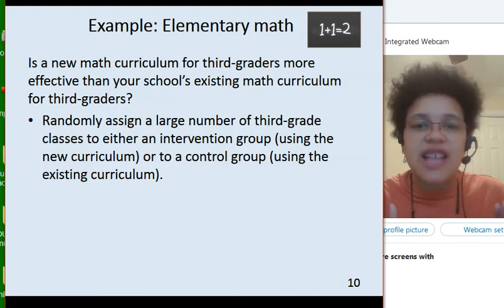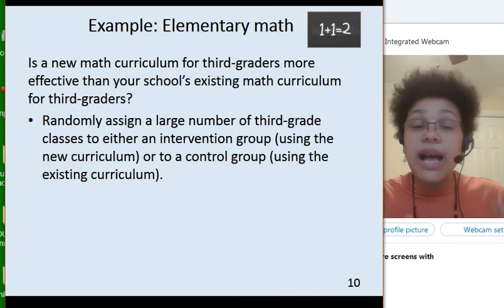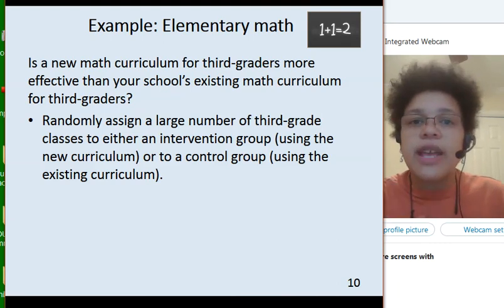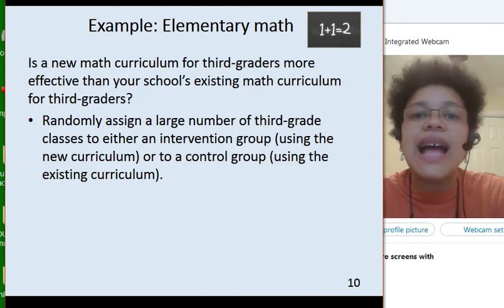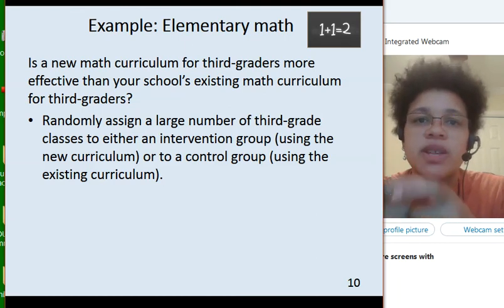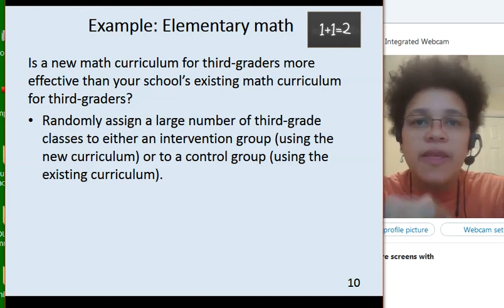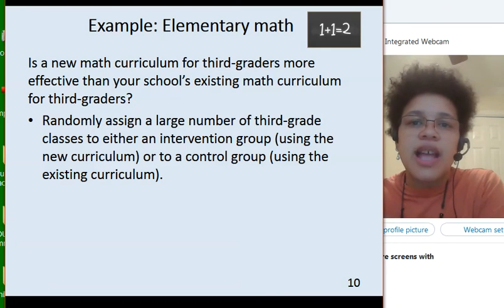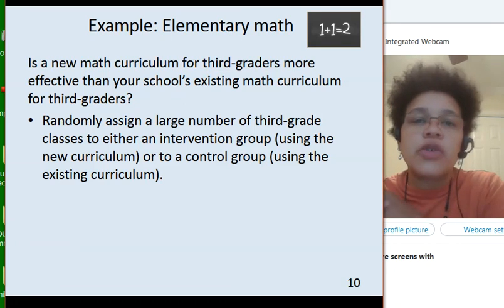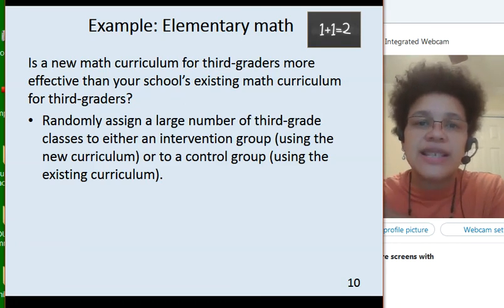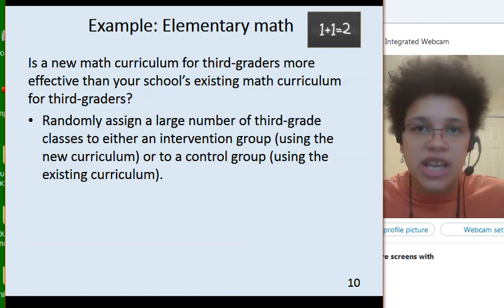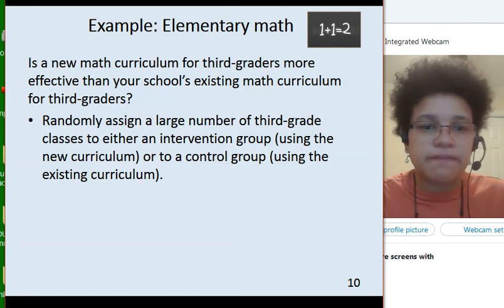So the researcher does not have control, but the researcher might be able to say, okay, this group of students is going to be taught using this curriculum, and other classes are going to be taught using whatever the standard curriculum is.